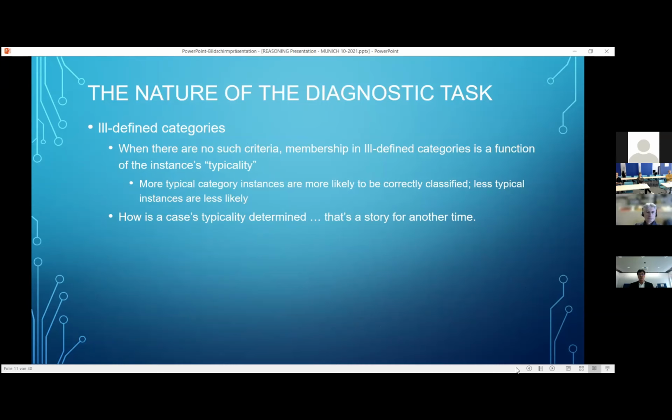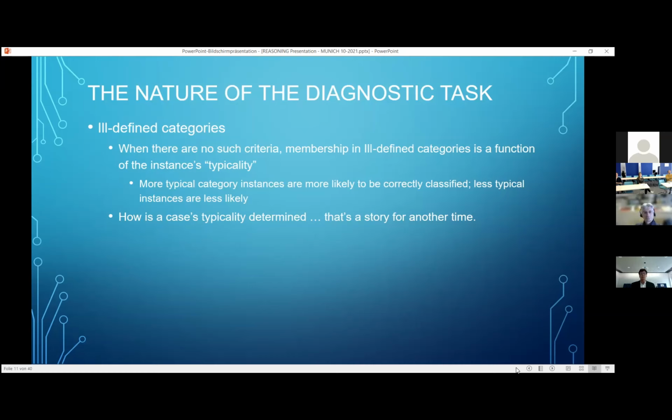So when there are no such criteria, we do know, however, that when we study individuals who are tasked to make these classification decisions, their performance seems to be a function of the instance's typicality. More typical category instances are more likely to be correctly classified, where less typical instances are less likely. Now, how is a case's typicality determined?